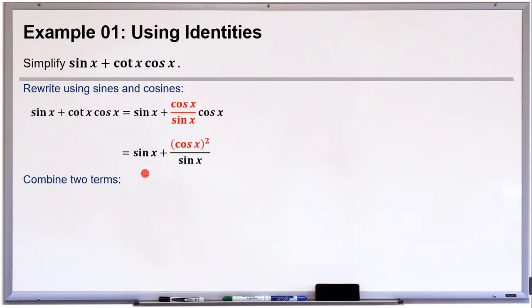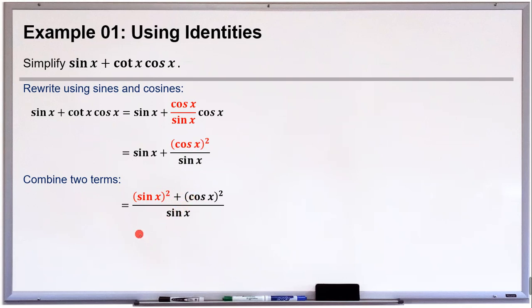Next we're going to combine the two terms, that is sine x and this fraction. So the LCD is sine x, and in the first term in our numerator we have sine x squared, due to the fact that if you divide our LCD sine x by 1 then multiply by sine x, you will end up with sine x squared. Now on the second term, we have cosine x squared.